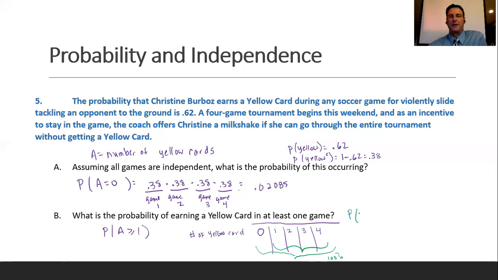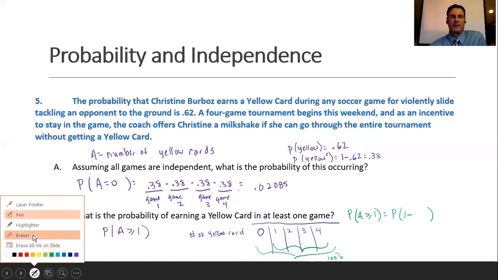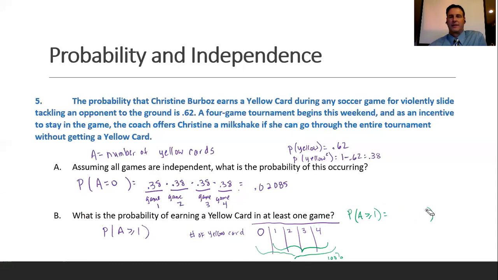The probability of getting at least 1 is the same as 1 minus the probability of getting, well, the complement of this. The complement of the probability of 1 or more is less than 1, which is 0. So the probability of A being equal to 0.